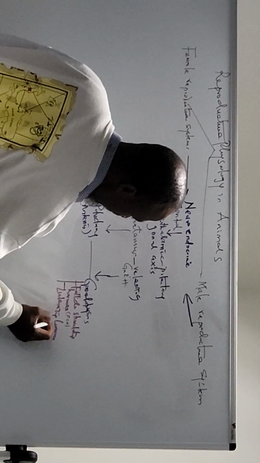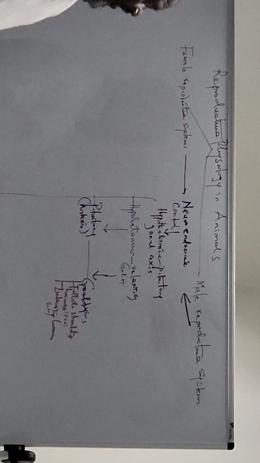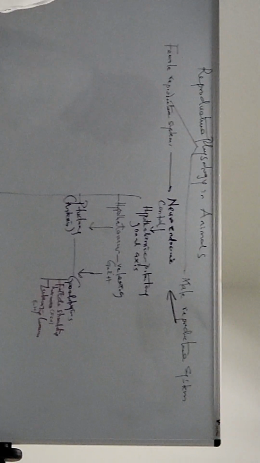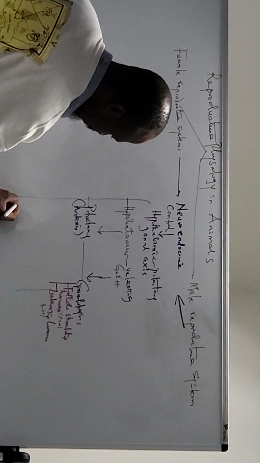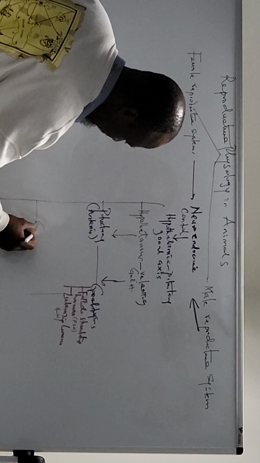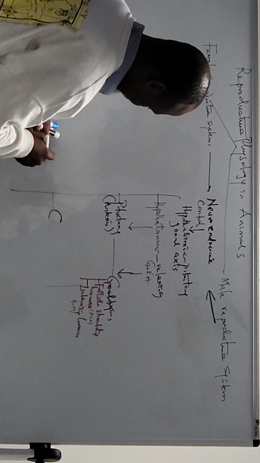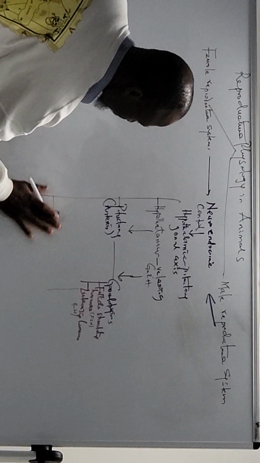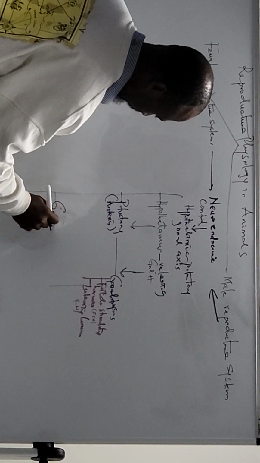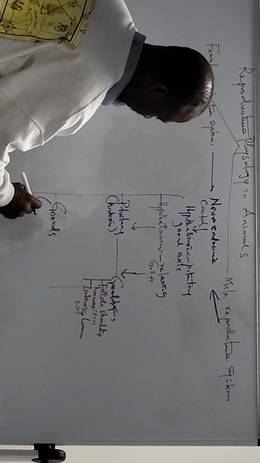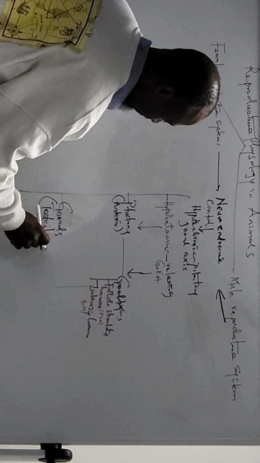These will be produced in the anterior pituitary, and then they will go to the gonads, which in this case will be the testes and the ovaries.